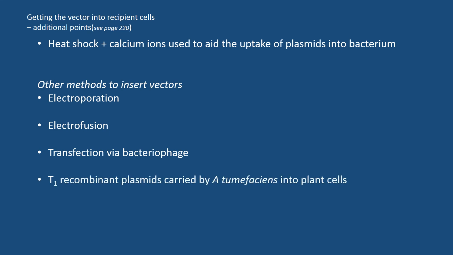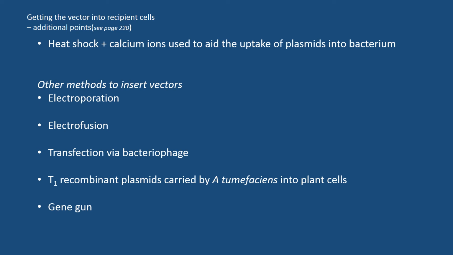And sometimes we want to insert the gene into plants. So once you've gone to the stage of putting the gene into a plasmid, the plasmid can then enter a particular bacterium called Agrobacterium tumefaciens. Now these are bacteria that enter plant cells, and this way you've then carried the gene into the actual plant cell, if that was the intended cell.